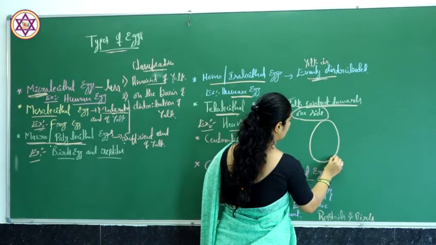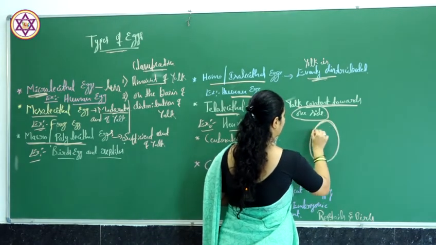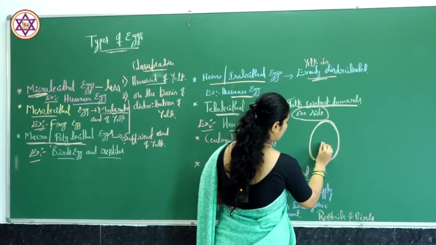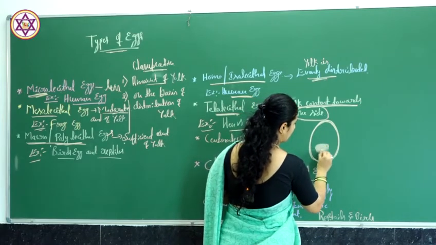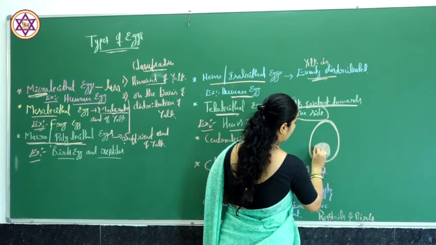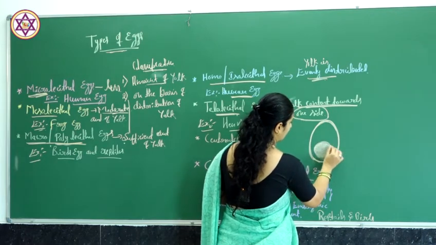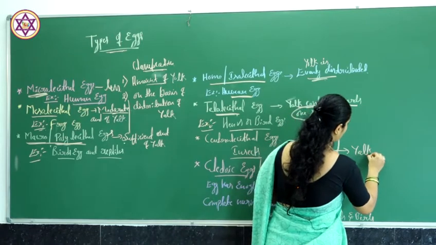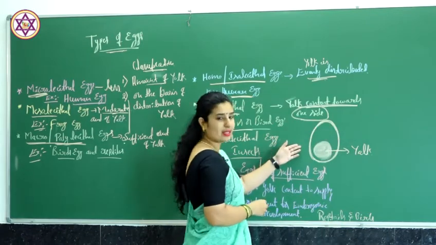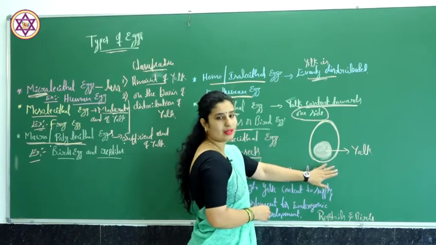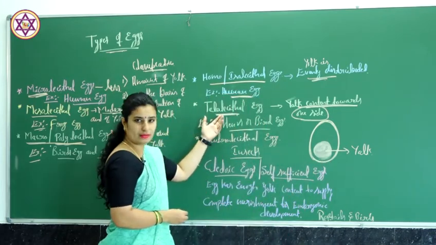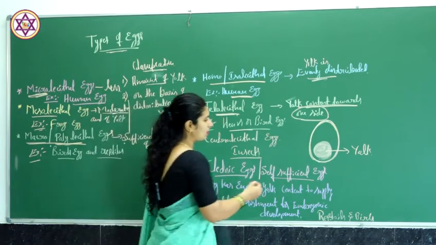So consider this is an egg. Here the yolk is present towards one side. This is the yolk. When the yolk is present at only one side, it is called a telolecithal egg. So this is the hen's egg.